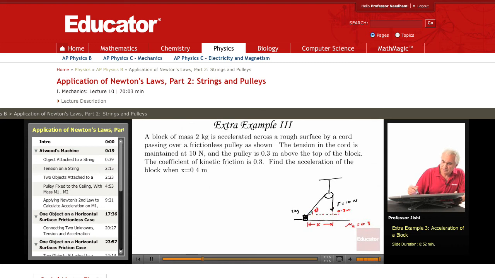Notice that what I have is a triangle. This is 0.4, this is 0.3, and this is 90 degrees. So by Pythagoras theorem, this would be 0.5.